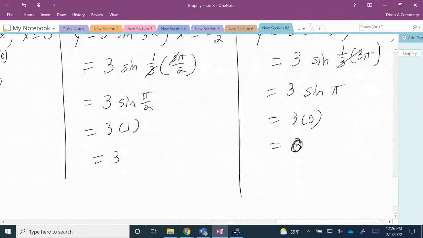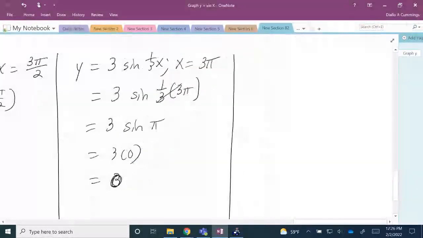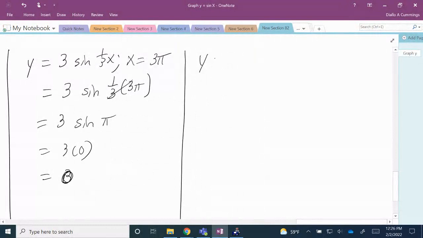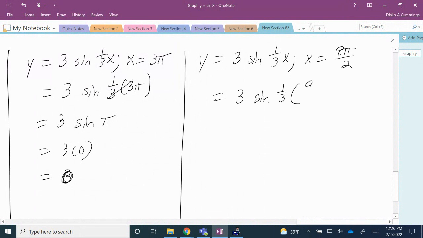Next, we're going to substitute in 9 pi over 2. So y is equal to 3 times the sine of 1/3 x, but we're going to substitute x for 9 pi over 2. So this is 3 times the sine of 1/3 times 9 pi over 2. We can cross cancel the 9 and the 3.